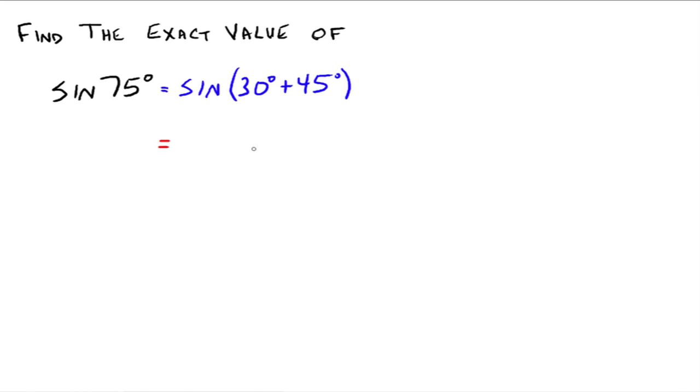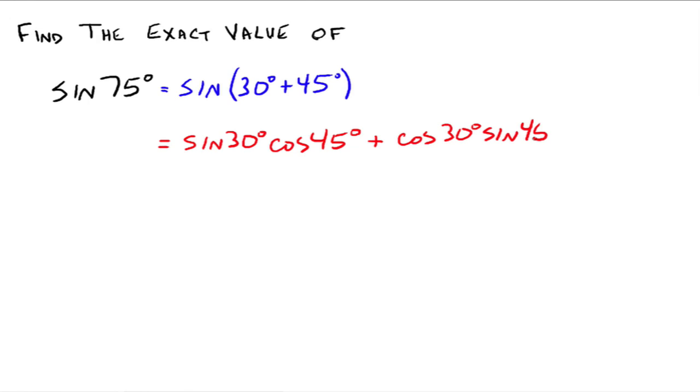What was that formula? It was the sine of the first angle times the cosine of the second angle, and then plus, because the formula is for sine, this plus or minus here is whatever the plus or minus was up there, the cosine of the first angle times the sine of the second angle.